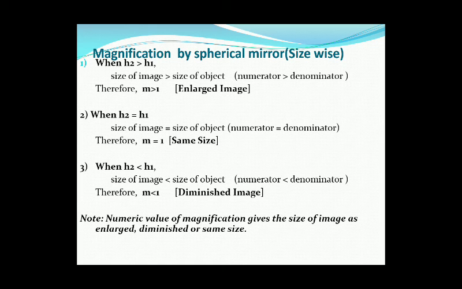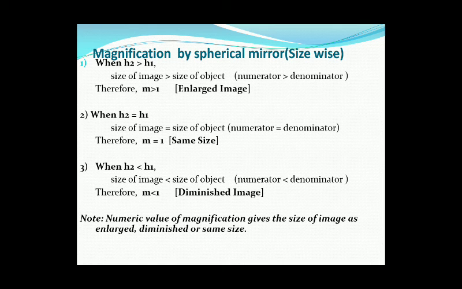Numerator more than denominator, and when you will be dividing, you will be getting the number greater than 1. So if magnification numeric value is greater than 1, irrespective of the sign, only numeric value, then it indicates that the image formed is enlarged.